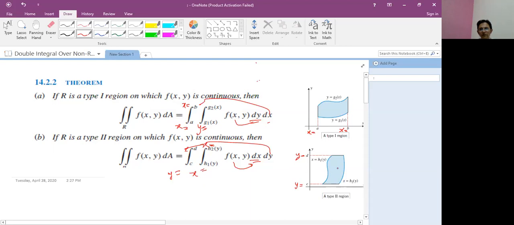Both are constant, but the limit of x is left and right, bounded on the left and right by continuous curves, x equals h1 of y and x equals h2 of y. It means the limit of x is in terms of the y variable. That's why we call it type 2 region.